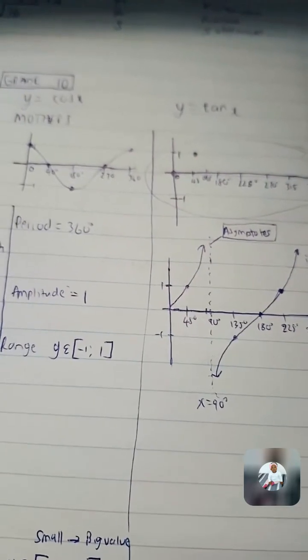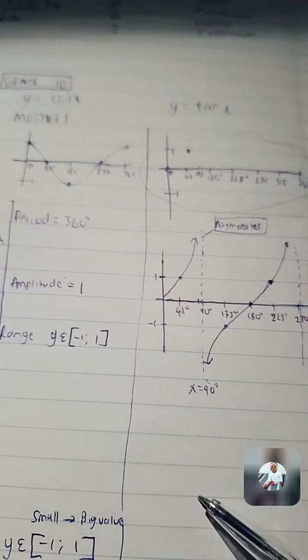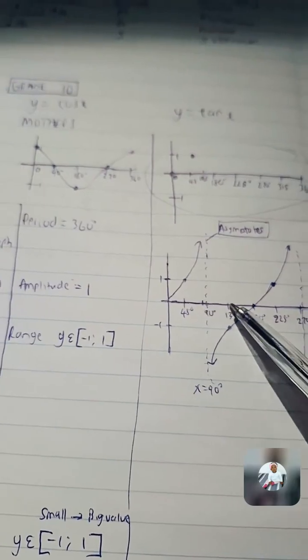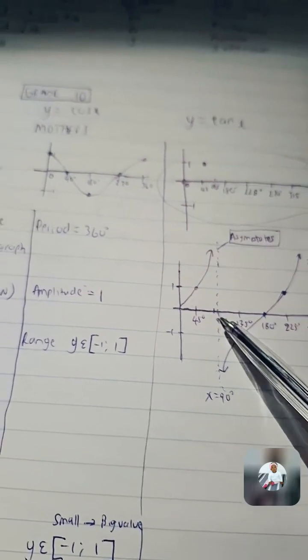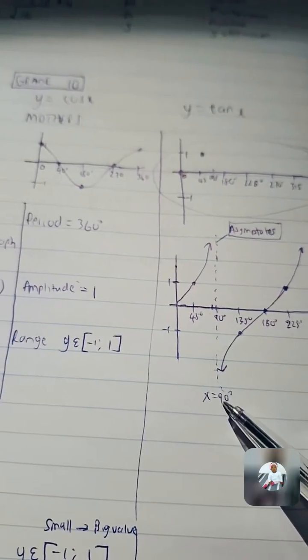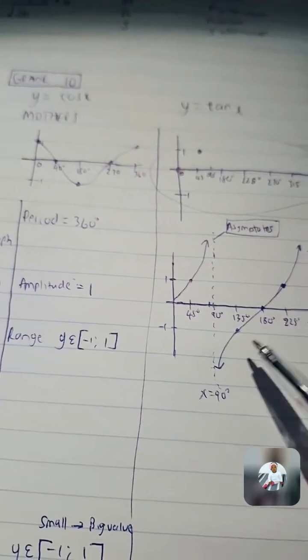It is extremely low. So it means that the closer we get to 90 degrees from the right side, the lower and lower the y value gets. In actual fact, that y value approaches negative infinity.